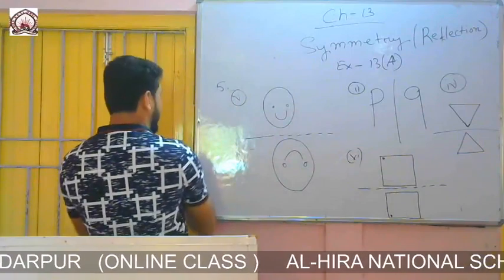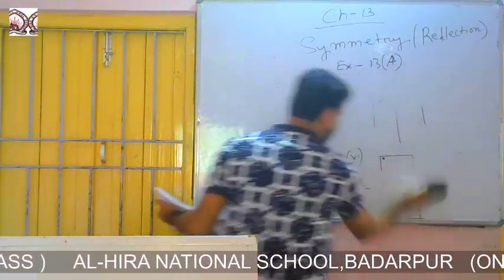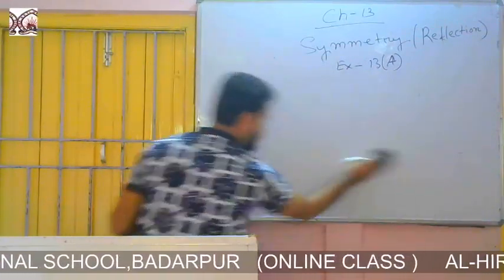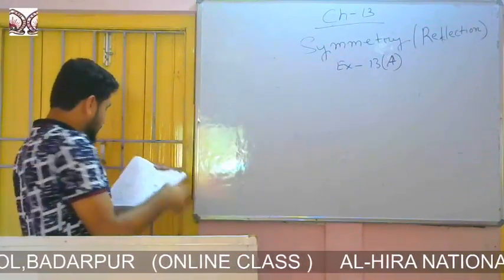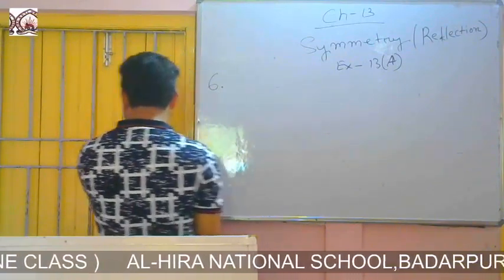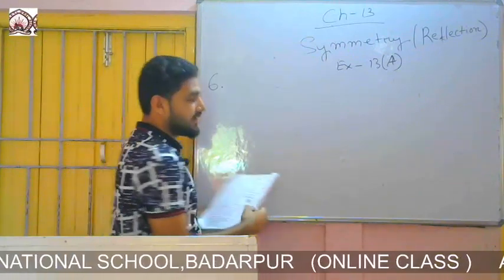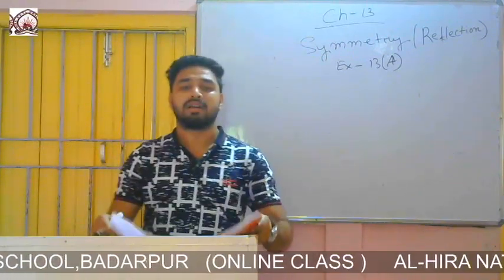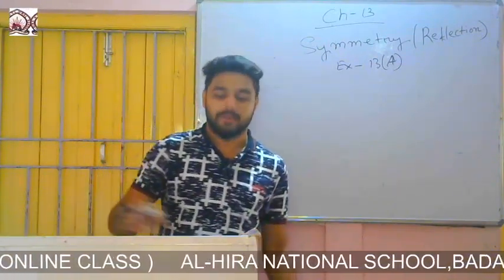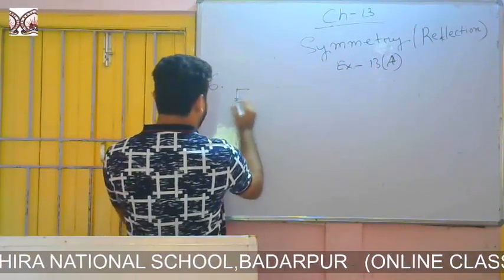Now come to question number 6. You see what is given: which capital letters of the English alphabet have no line of symmetry? That means we cannot draw a line of symmetry in which letters of the English alphabet. So write F, in F we cannot draw.